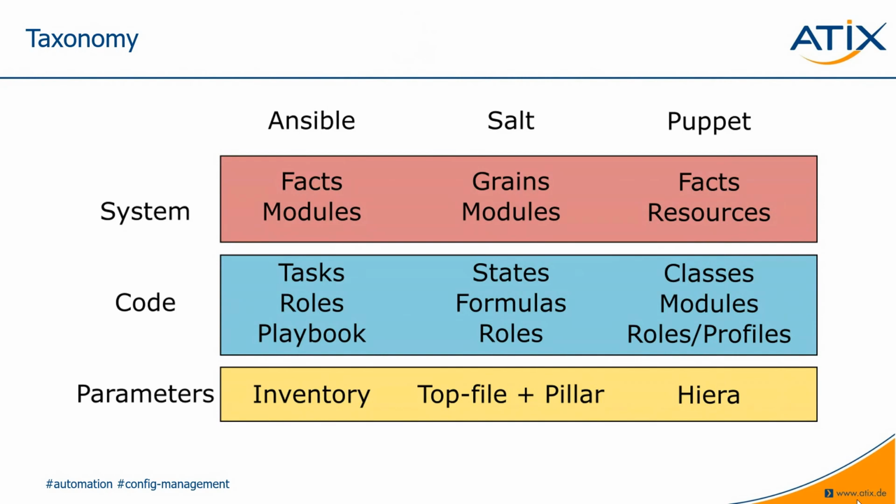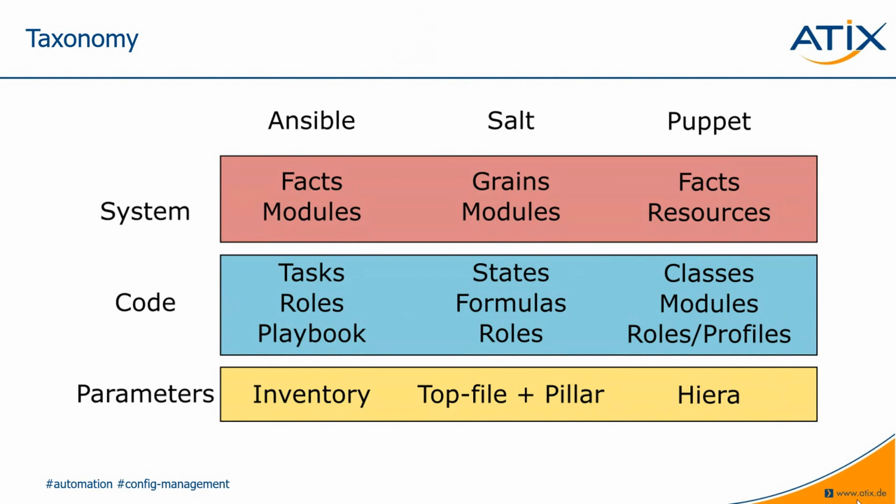So in Puppet, you can write classes, and one class takes care of a certain configuration and uses multiple resources, so like multiple Ansible tasks, to describe a certain part of your configuration.